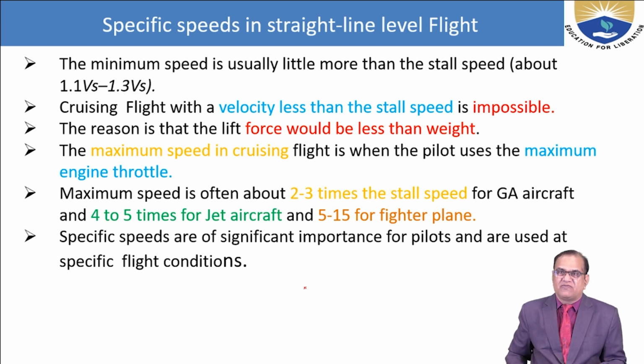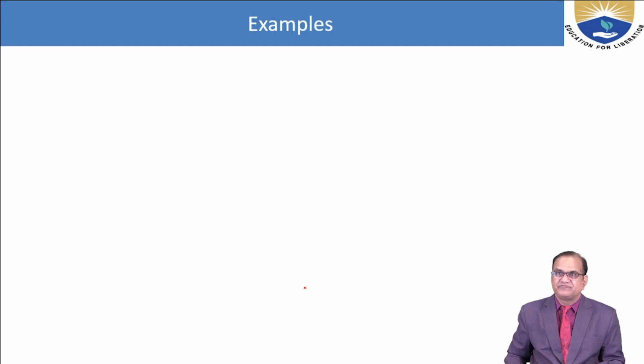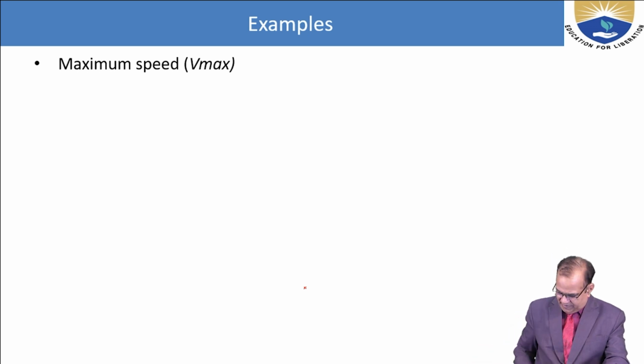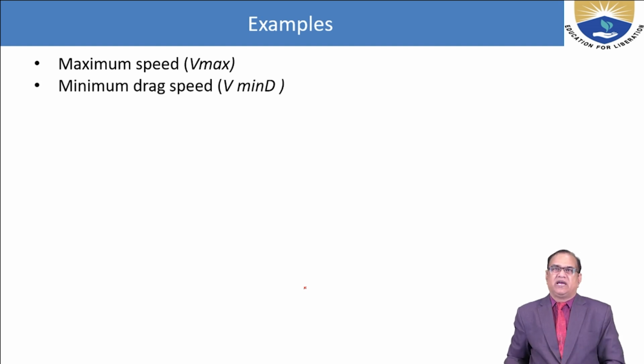Specific speeds are of significant importance for pilots and are used at specific flight conditions. Here I will give some examples of specific speeds. First one is the maximum speed, denoted by V maximum. Another is the minimum drag speed, V minimum drag.